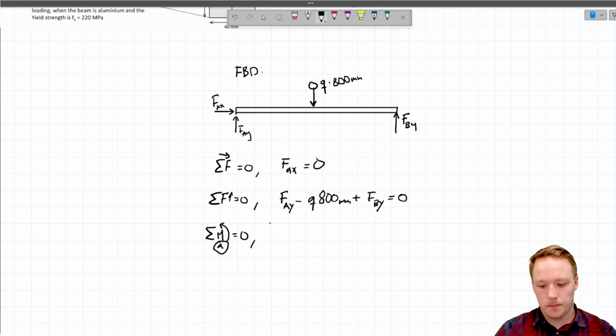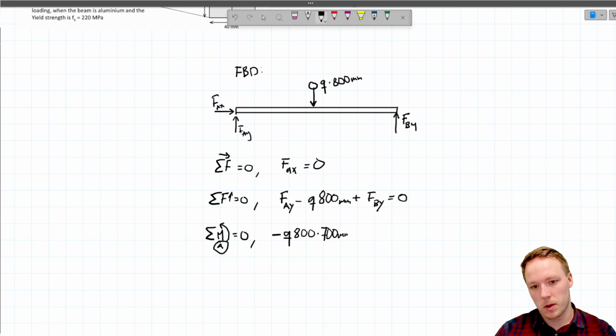So it means that our external distributed loading Q is rotating our structure to the negative direction, so minus Q times 800 multiplied by the distance from here to the middle, that was 700 millimeters, halfway to the beam.